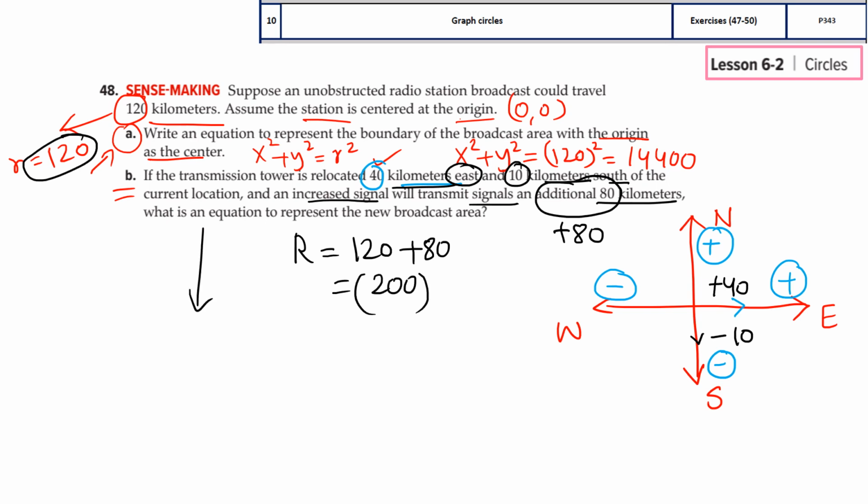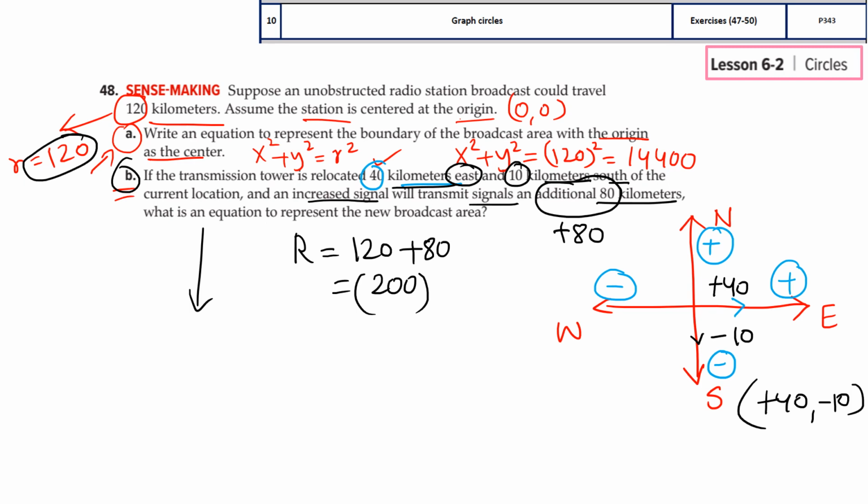So let's use the equation for B part. Now for B part, because now the center has changed, it is no longer 0, 0. It is plus 40, minus 10. Can you see that? Because on the x-axis it is going on the right, on the y-axis it's going down, so you have to take plus 40, minus 10.